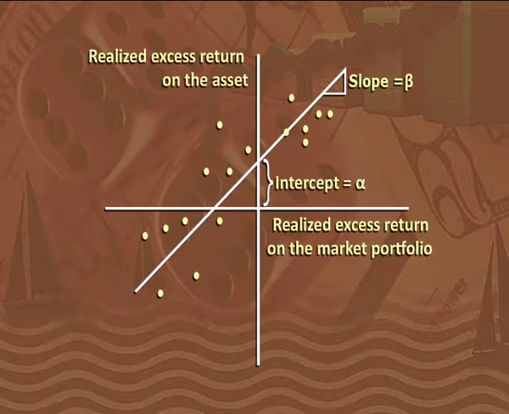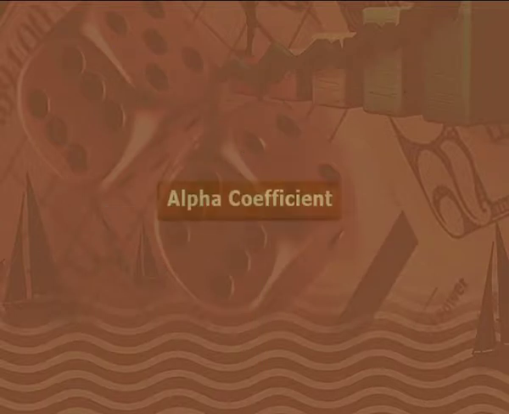This can be used to evaluate stock market investments. Let's understand the alpha coefficient. The alpha coefficient gives the vertical intercept point of the regression line.